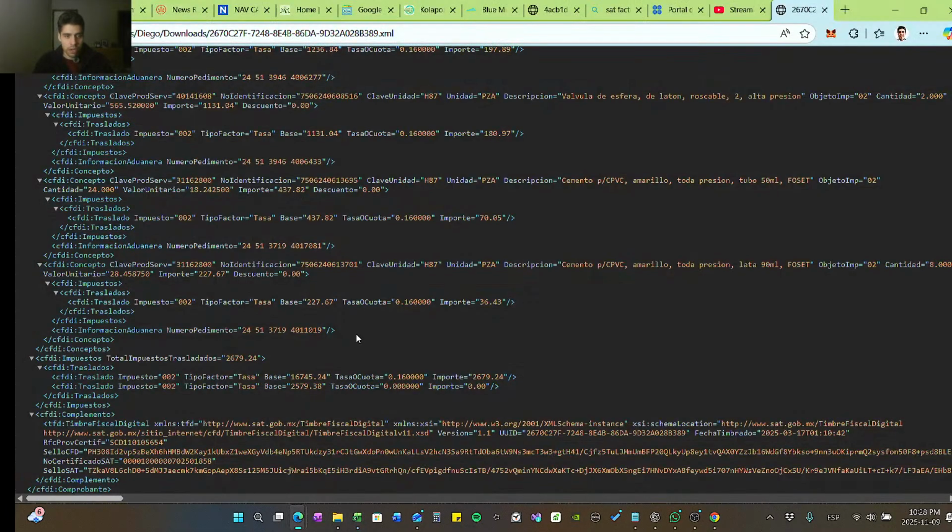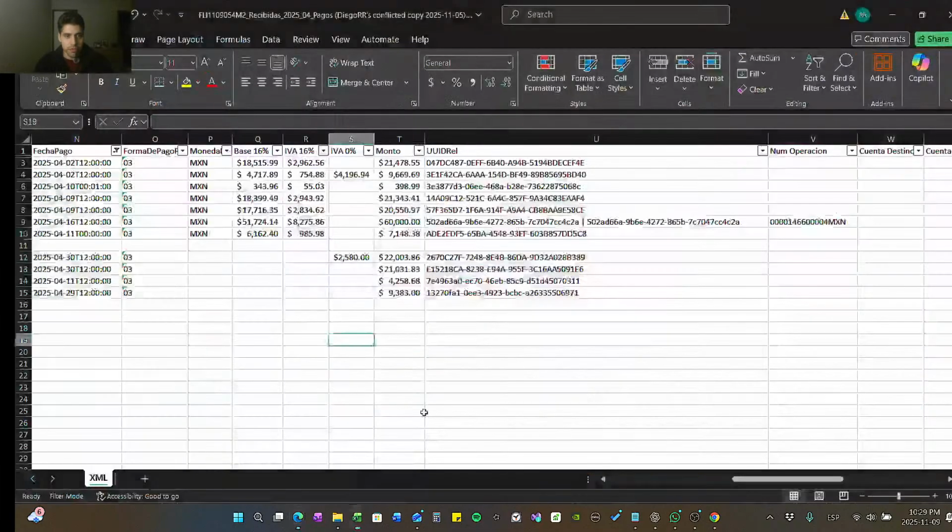I also know that the real price of this invoice was 16,745.